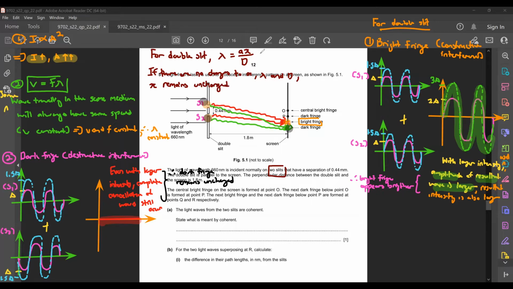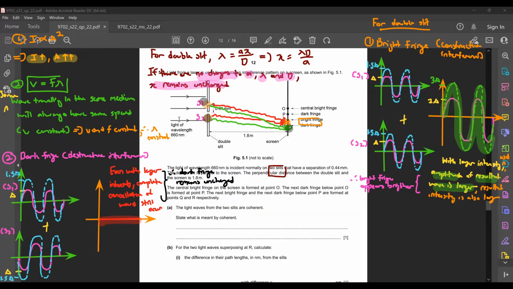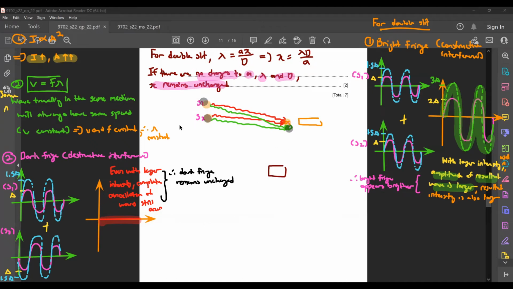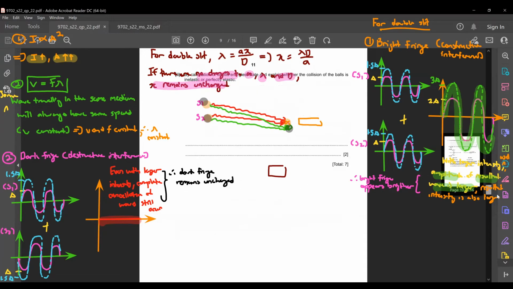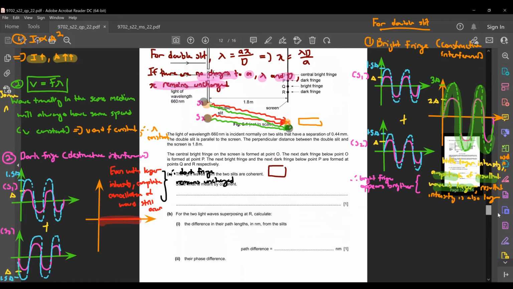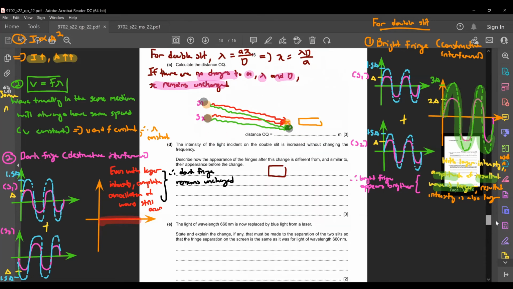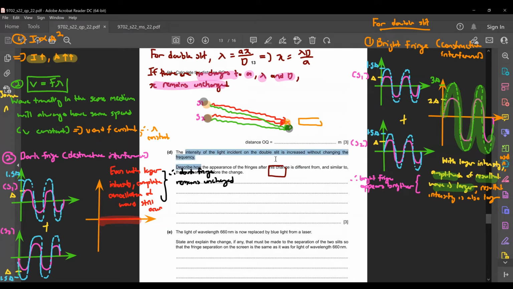If I rearrange it to give me fringe separation, this one is lambda D over a. If there are no changes to slit separation, wavelength, and the distance between the slit and the screen, fringe separation should remain unchanged. This is another thing that you can mention for your answer, because they ask you what are the changes, if any, when you increase the intensity of light incident on the double slit.